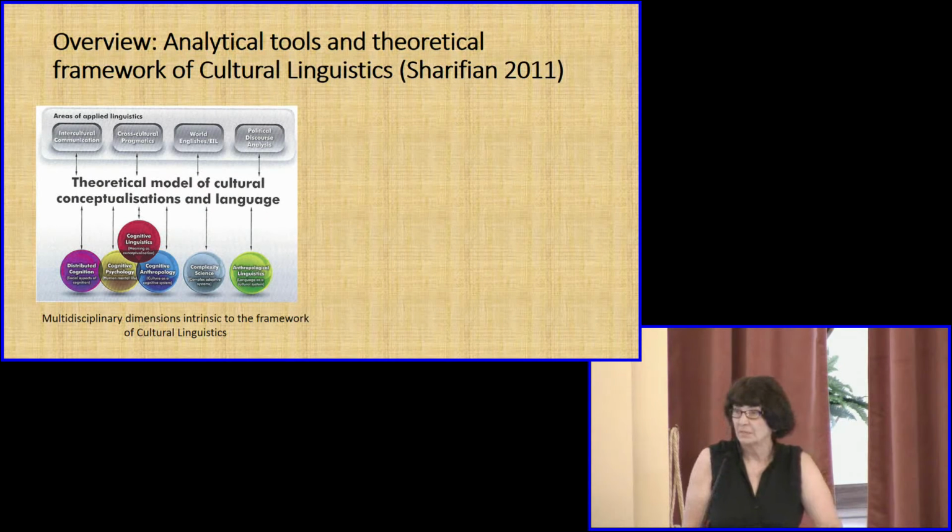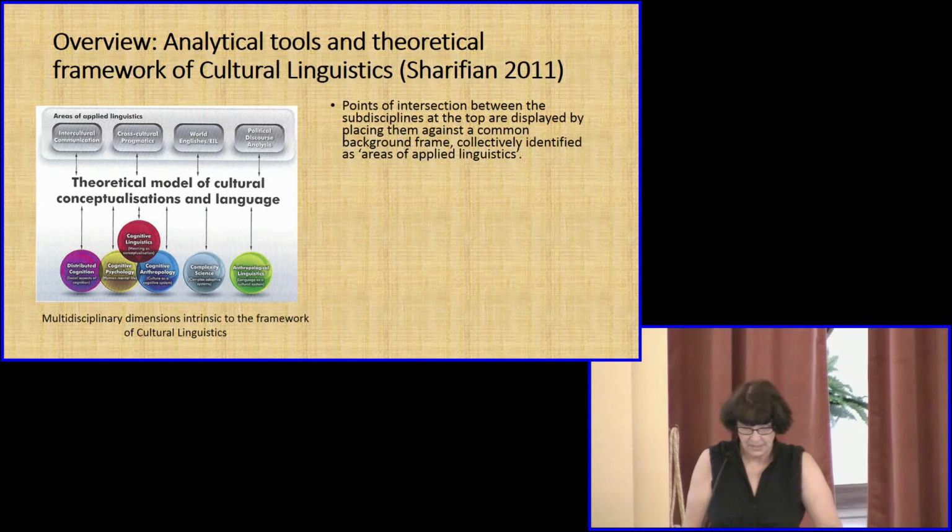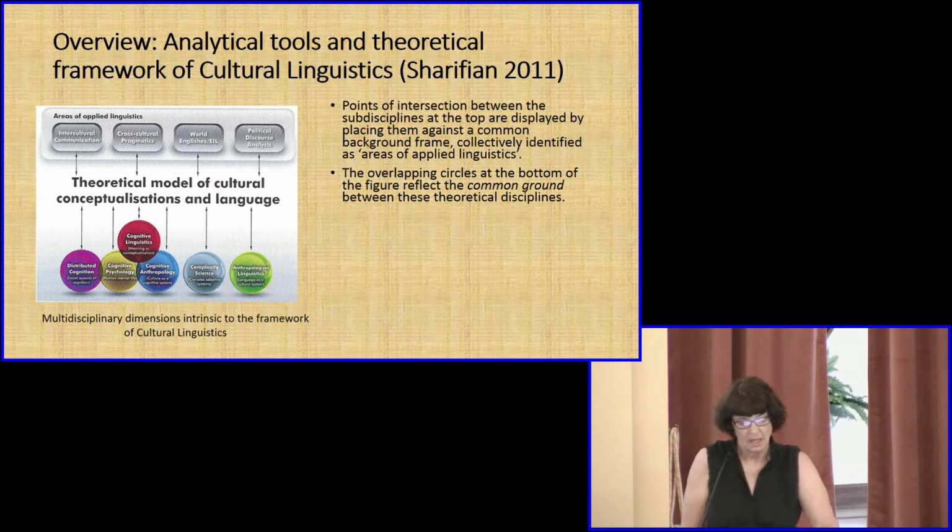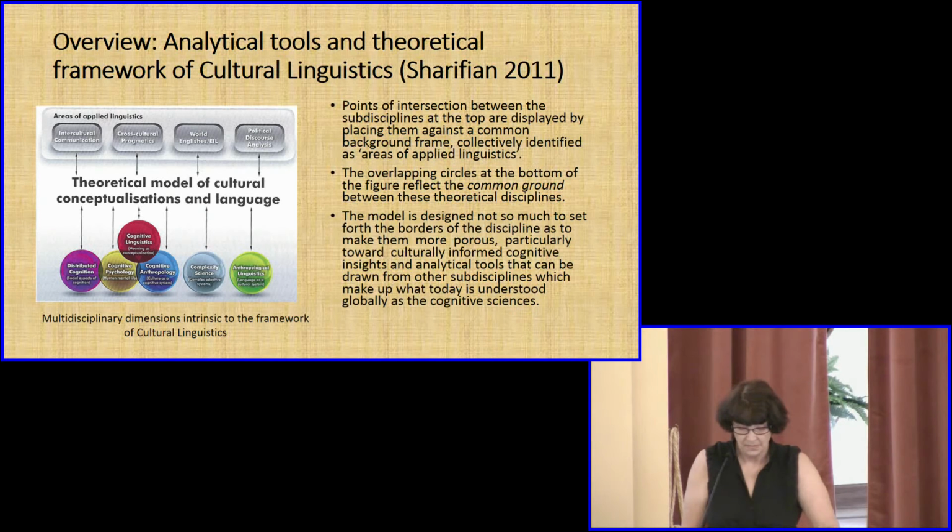Another diagram that I'm sure you've all seen shows the multidisciplinary dimensions intrinsic to the framework of cultural linguistics. We see the points of intersection of the subdisciplines at the top. We see the overlapping circles, which feature the common ground between the various theoretical disciplines.